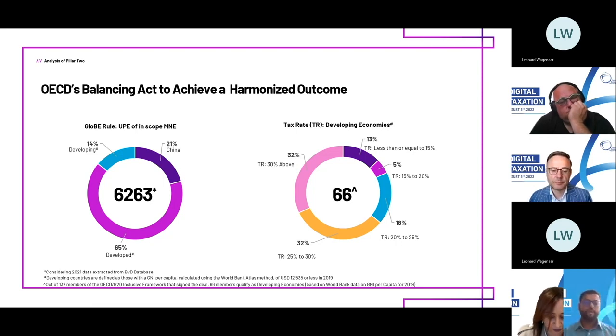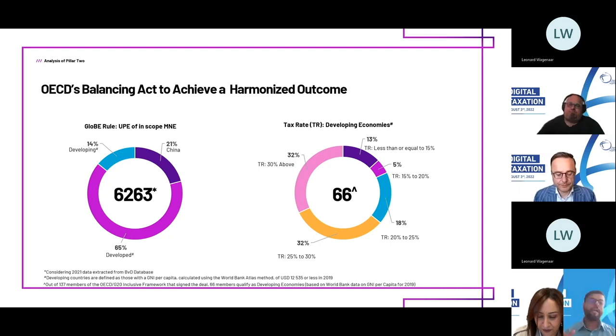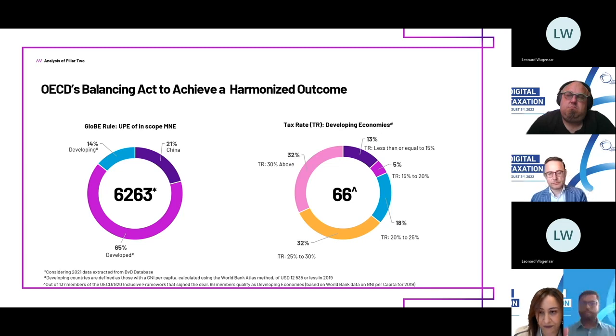When I'm referring over here to the statutory tax rate, it's not an effective tax rate, nor have I taken into consideration any specific tax exemption or concessional tax rate that are operational in certain jurisdictions. So at a macro level, out of these 66 jurisdictions, almost 82% have a tax rate above 20%.